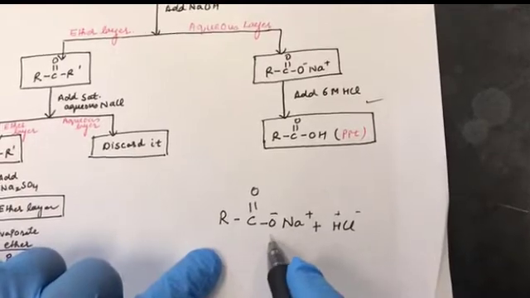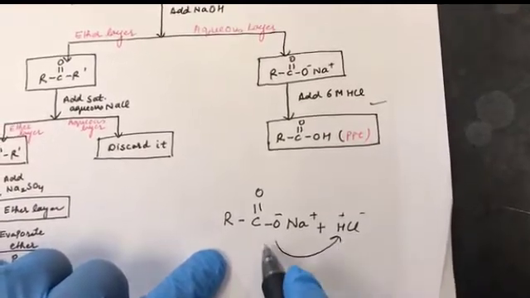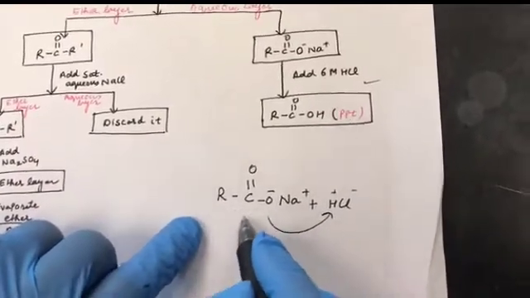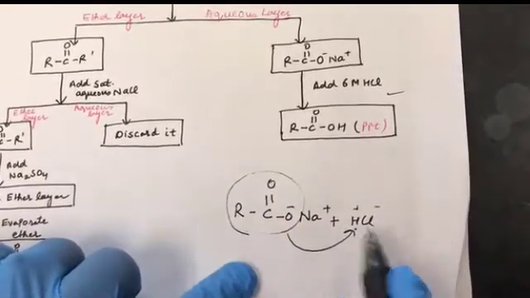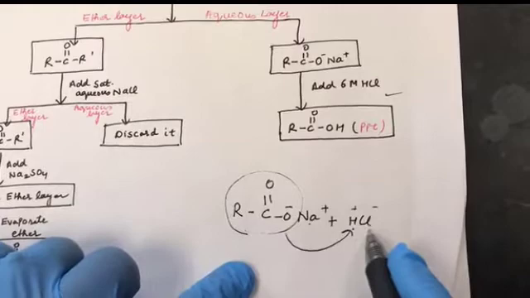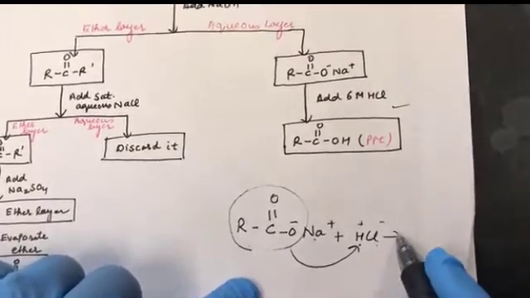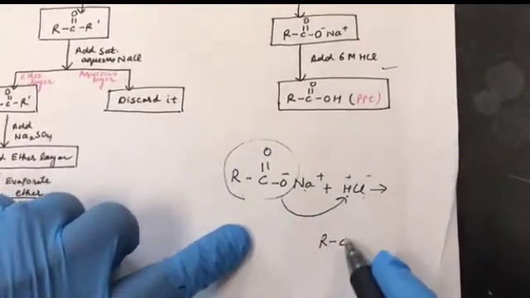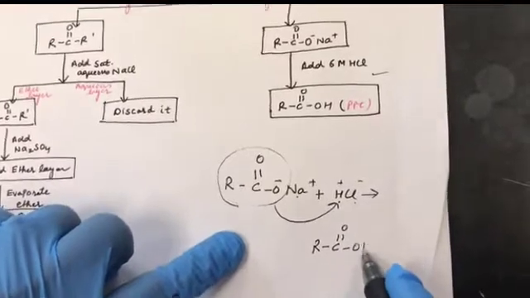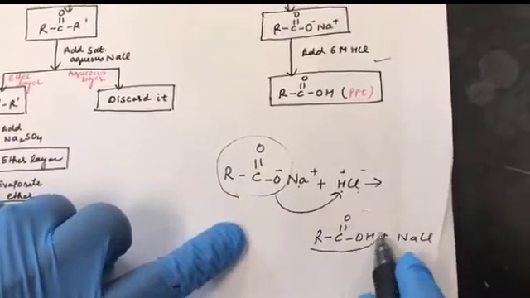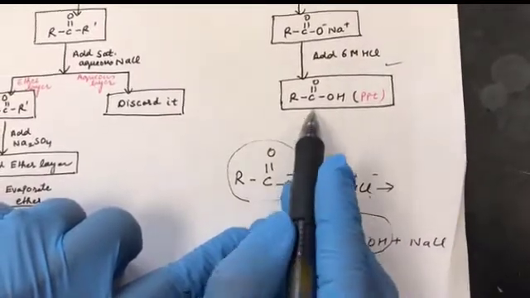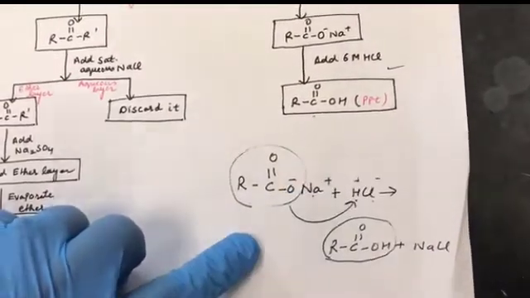So basically, again, this is the negative part. It will attach with the proton, and left is the NaCl. So you will get the acid plus NaCl, and that's how you would get the precipitate of acid.